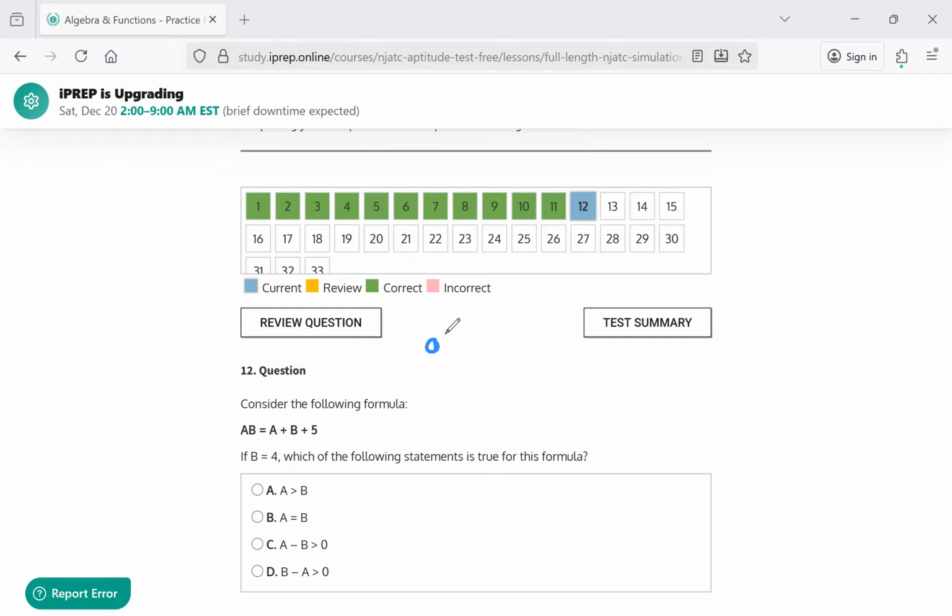This one I wouldn't graph. I don't even know if this is linear or not, but I would not graph.